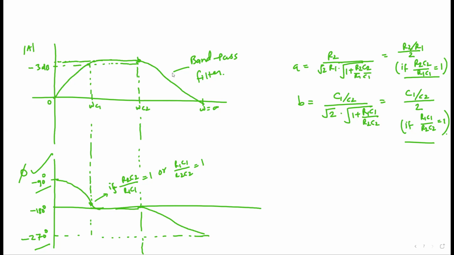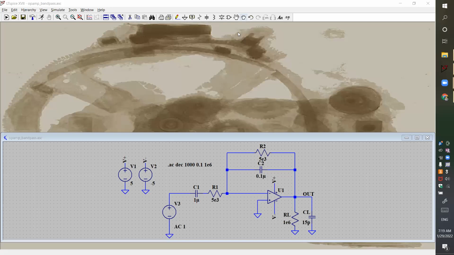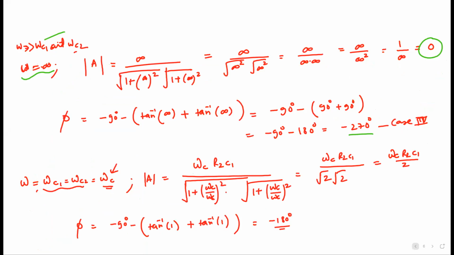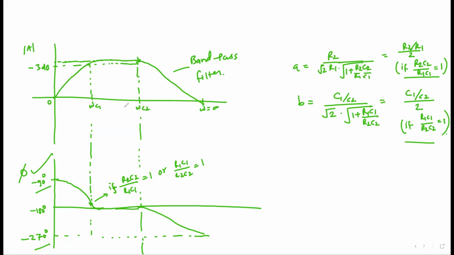For instance, what about this final expression, when omega c1 and omega c2 are equal to omega? These two frequencies are equal, and they have a constant value. Then the gain takes this one magnitude, and your phase is minus 180 degrees. So that can also be reflected, depending on the case.